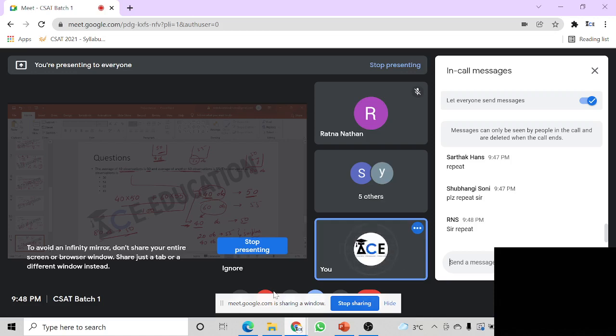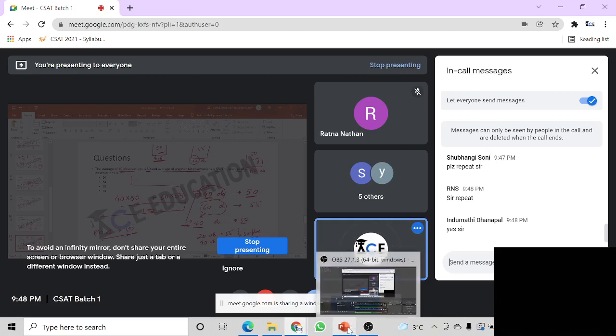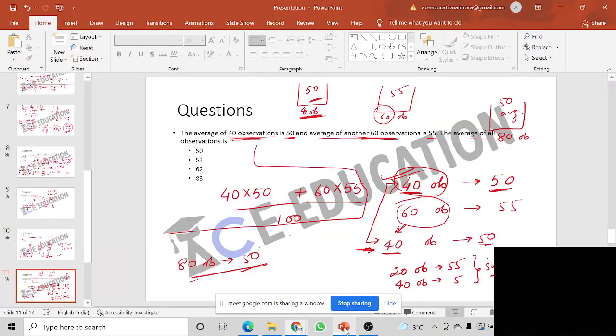Are you guys with me till now? Yep. Okay. So now whatever is left in this bucket is the extra amount, and this extra amount will increase my average. So I'll just see what I'm left with. Out of 60, I have already given out 40.